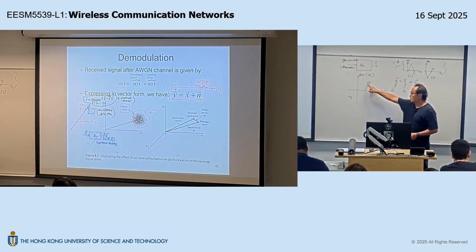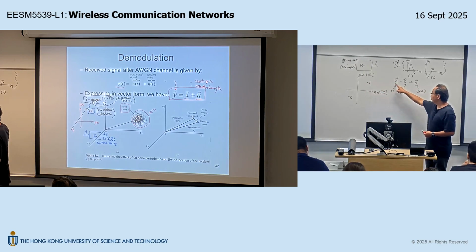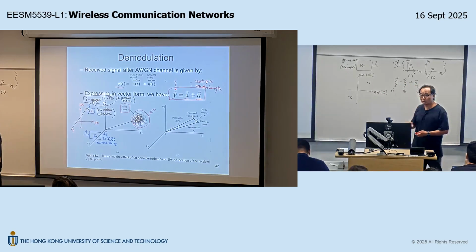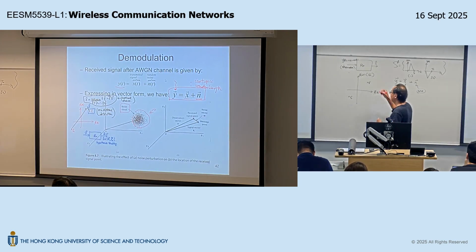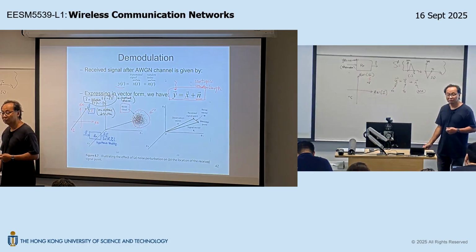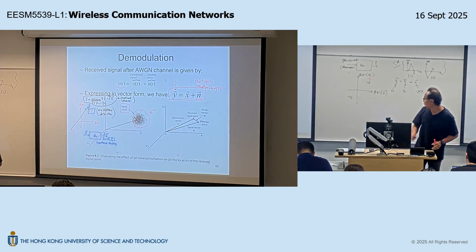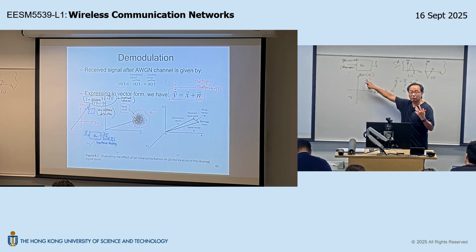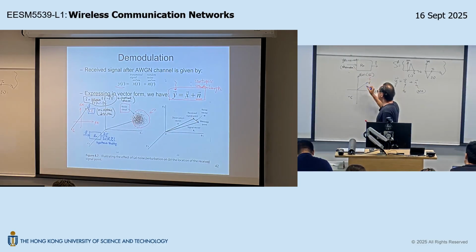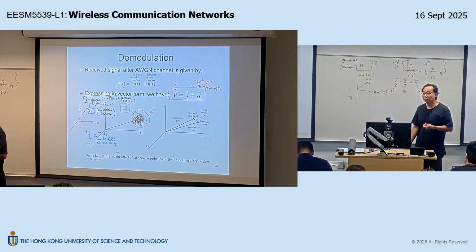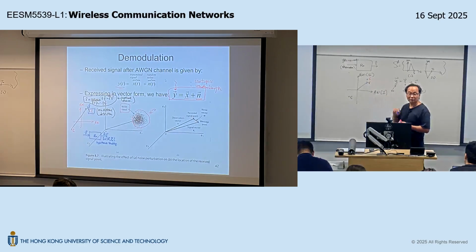Now suppose we transmit S1. What you receive is S1 plus a random vector. This random vector, geometrically, has a random length and random orientation. So maybe this is my receive point. This is because S1 is my transmitted vector, plus a noise vector, which brings the observation to here.